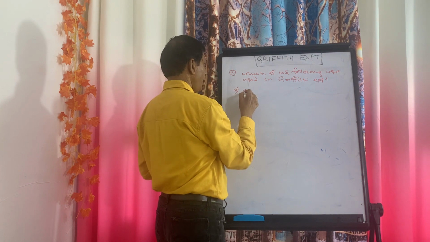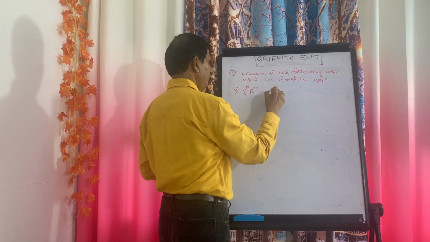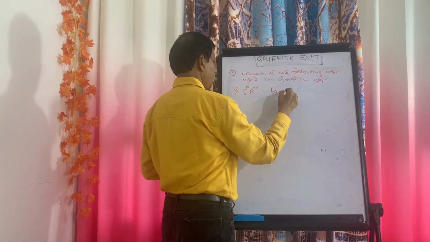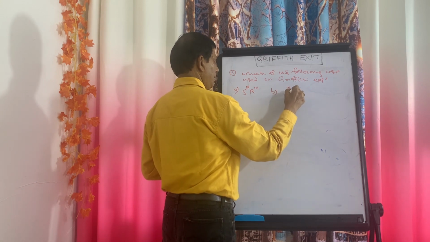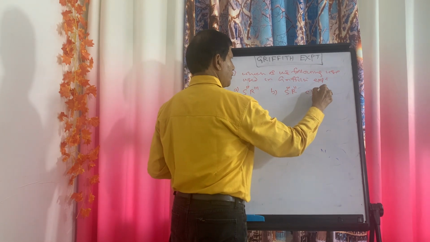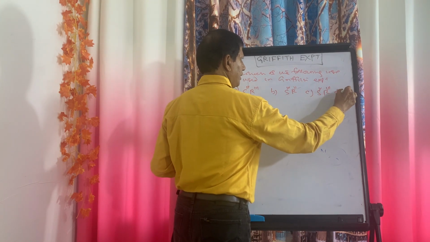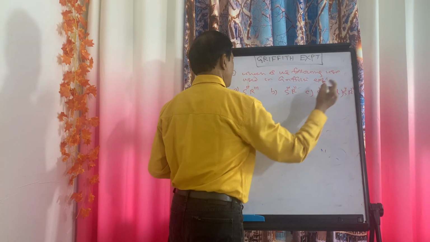A choice S3, R3, then B choice S3, R2, C choice S2, R3, D choice S2, R2.